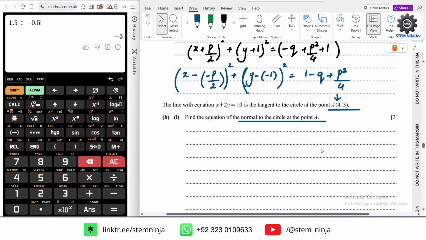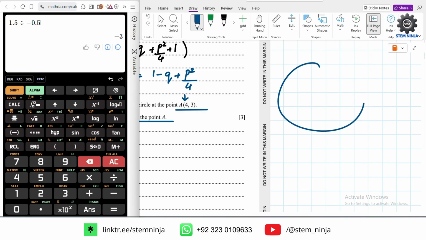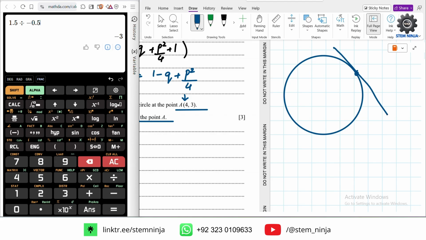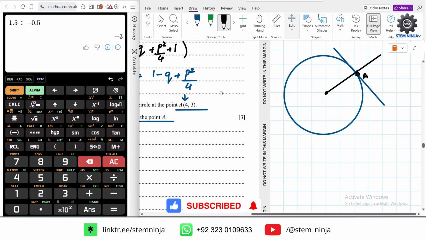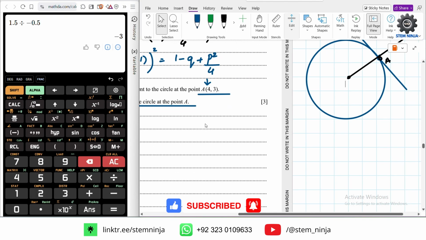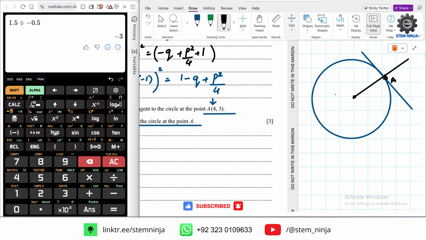So you have this, let's say this is the point A, this is your tangent. The normal to this line at A will actually be passing through the center. So if we want the equation of the normal, we know the center point.